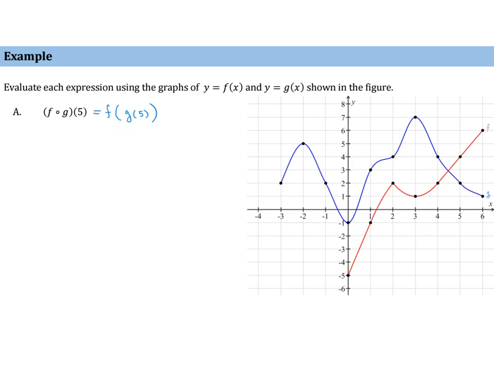So if we find 5 on our x-axis, there's x equals 5. Now where do we find the output of g? So we're going to take 5 and put it into g. So we're going to go to the curve that defines g, and we're going to go over to our y-axis. So this tells us that g of 5 is 2.